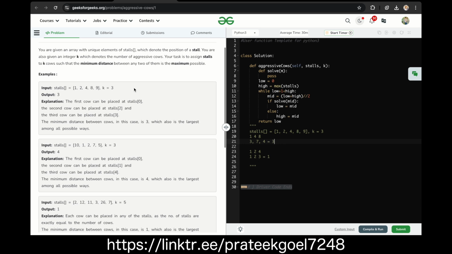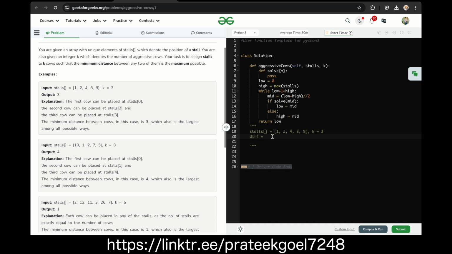Whenever the difference is greater than m, that means we can add one more cow there because it is satisfying the condition. So let's take the first cow at 1 only, because this is the minimum one.